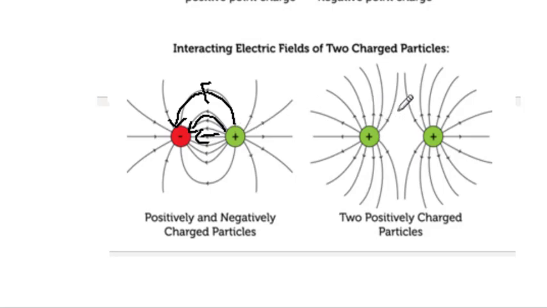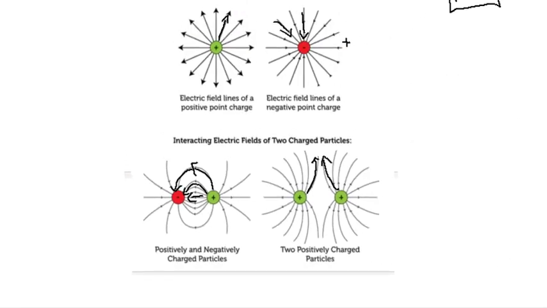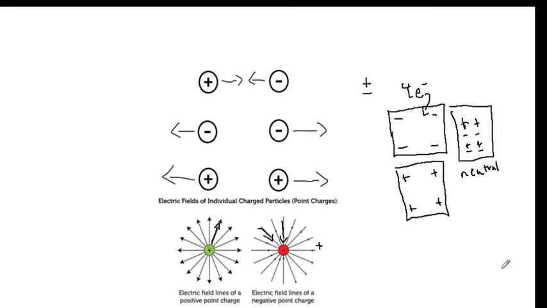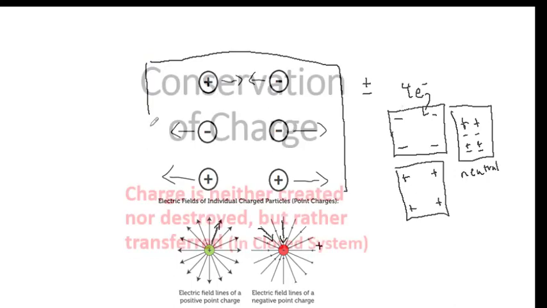Two positives, on the other hand, repel each other, so they would go out and they're repelling. In the end, the forces that these particles place on each other look like this. And these are the fundamental rules that you want to remember as we go through this. Two positives repel, two negatives repel, and a positive and negative attract.